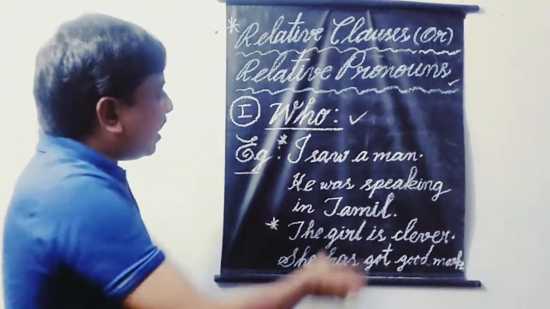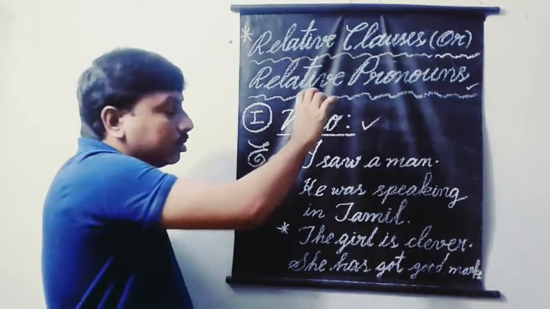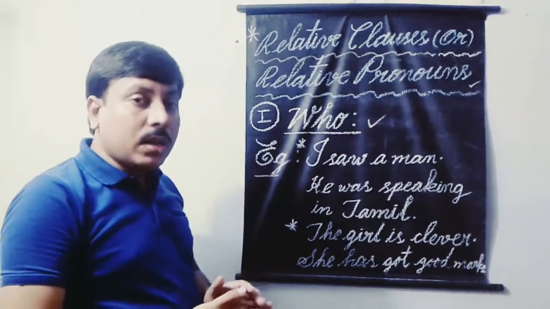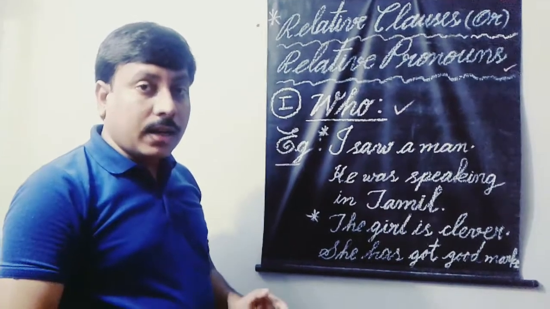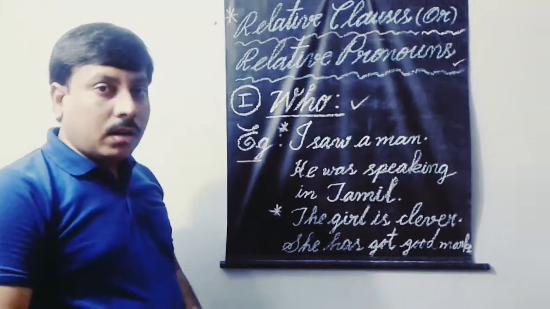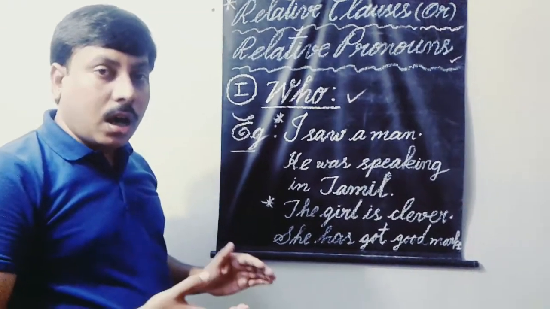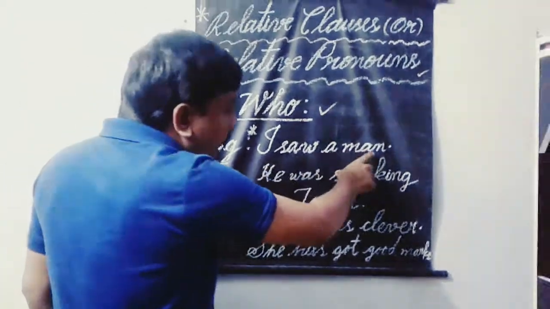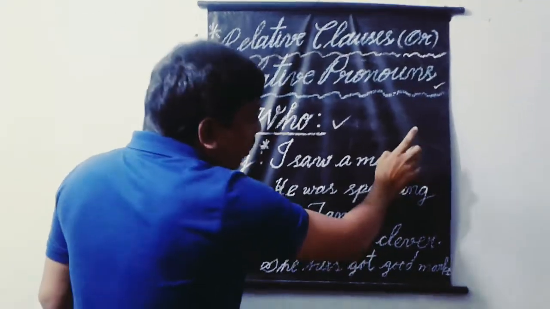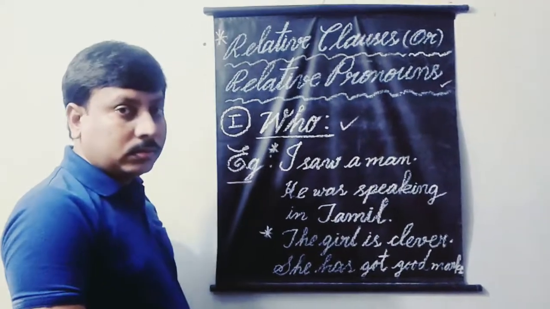Generally, we use the relative pronoun after the noun in a sentence. I saw a man. Here man is the noun.